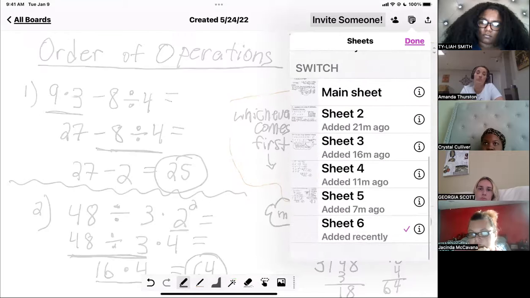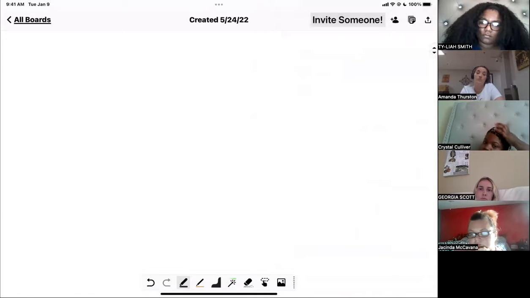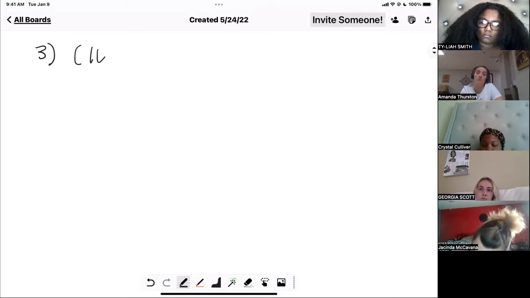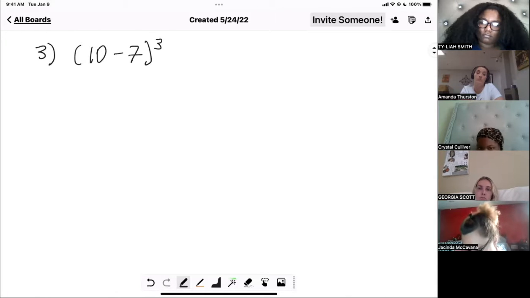Okay, and let's do 3. I have 10 minus 7 cubed, to the 3rd power, plus 5 squared times 3.